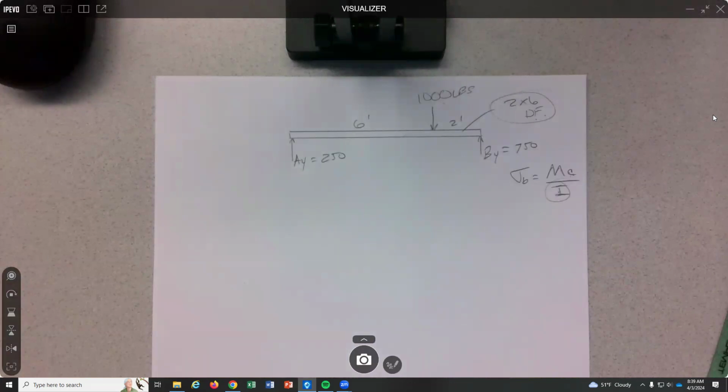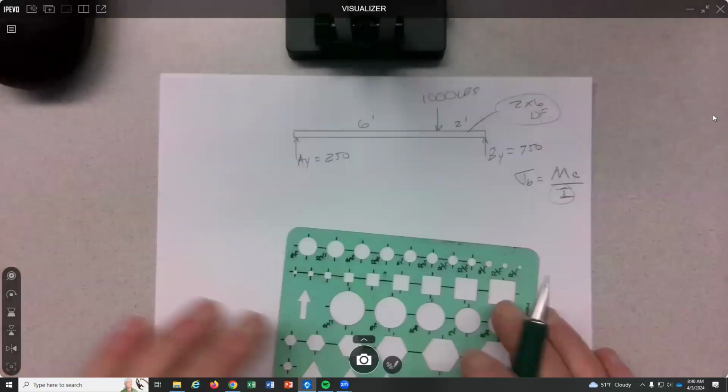Anybody else agree with that? Okay. Then what do we do? What we want to know is what is the maximum moment, right? Where on the beam is this maximum moment and how big is it? So the way we did that was, anyone remember?